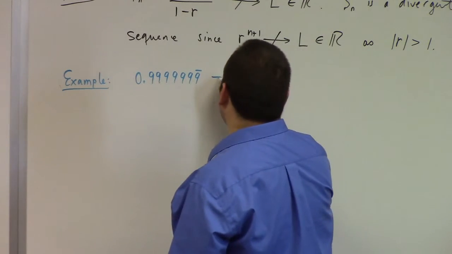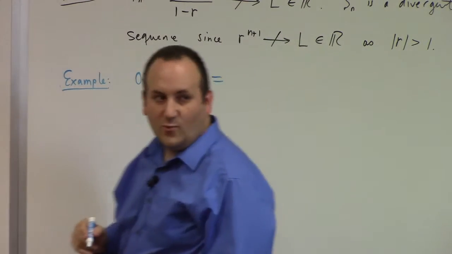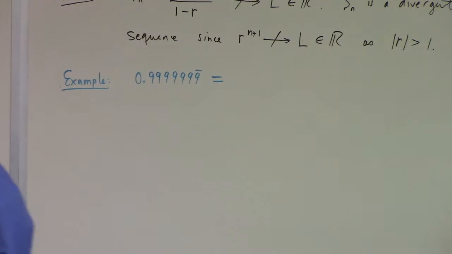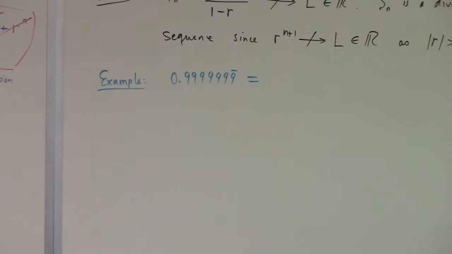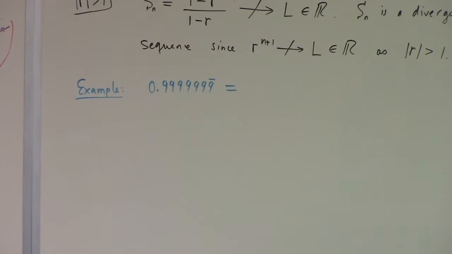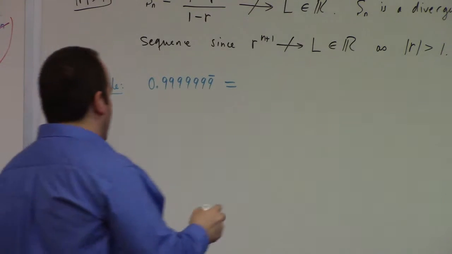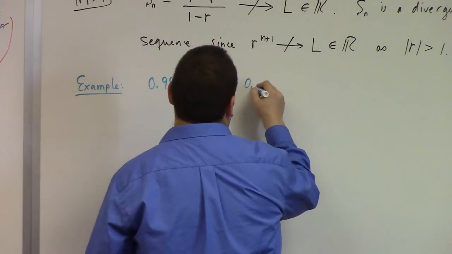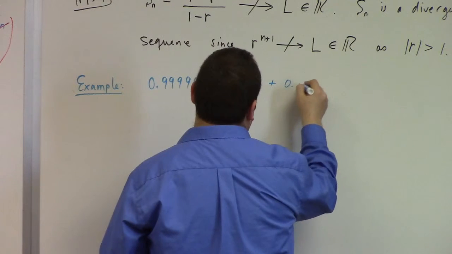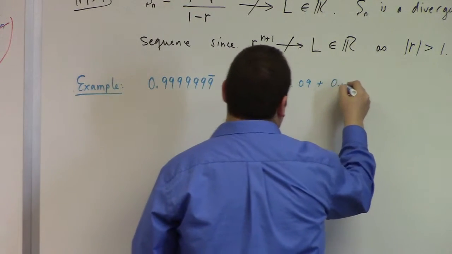What is this equal to? Ah, okay, that's a good answer. Let me show you another one: 0.9 plus 0.09 plus 0.009.